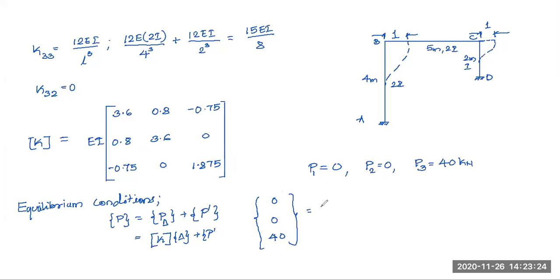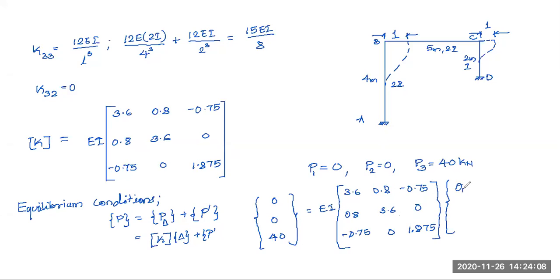So which is equal to EI into our stiffness matrix 3.6, 0.8, minus 0.75; 0.8, 3.6, 0; minus 0.75, 0, and 1.875, into the displacement matrix where theta B, theta C and delta are there, plus the P dash matrix.